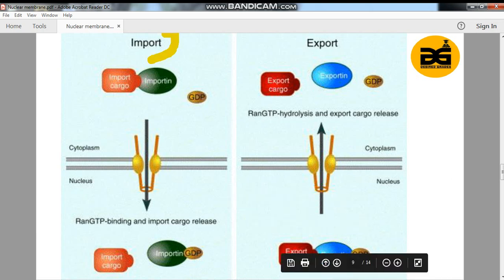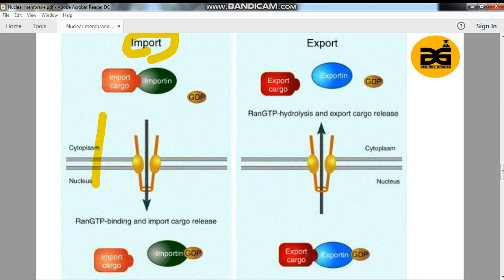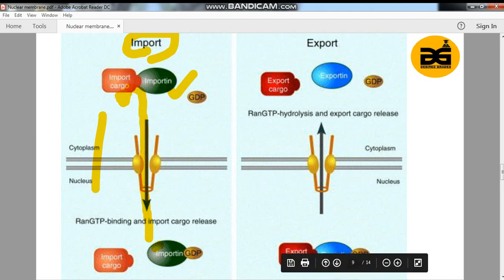Suppose we have to import something from the cytoplasm to the nucleus. This is the importin protein and this is the import cargo. Import cargo means the thing we have to import. So this importin will carry this import cargo with it and bring it inside the nucleus. Clear? And it will release the import cargo into the nucleus.